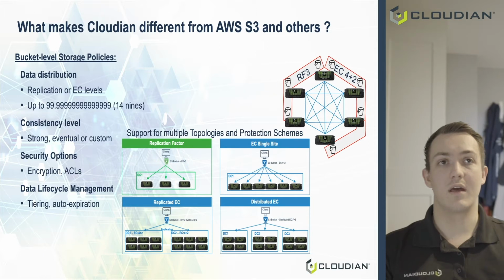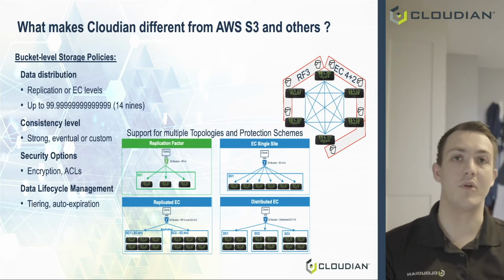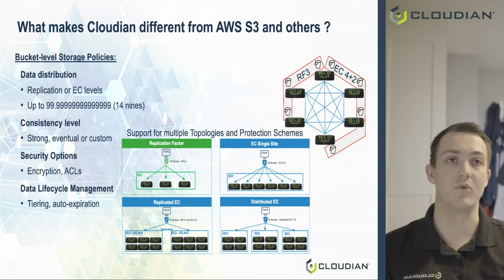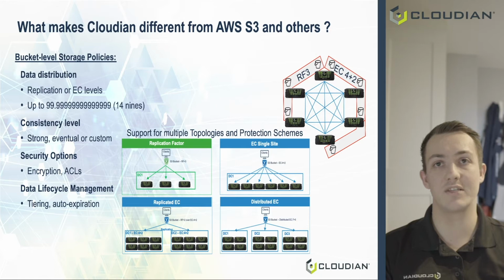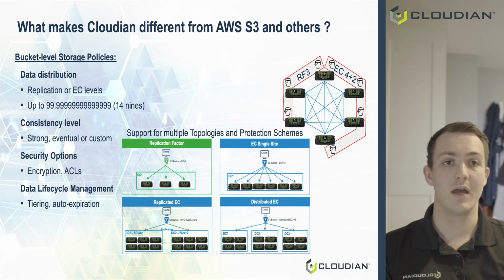Here we can look at what makes Cloudian special compared to other S3 vendors and also Amazon themselves. The beauty of Cloudian is that you can choose how you want to protect your data in the back end. We support both replication factors and erasure coding, and multiple different schemes of them. Within the same system or cluster, you can mix and match them, and it's really granular, based on a bucket level.